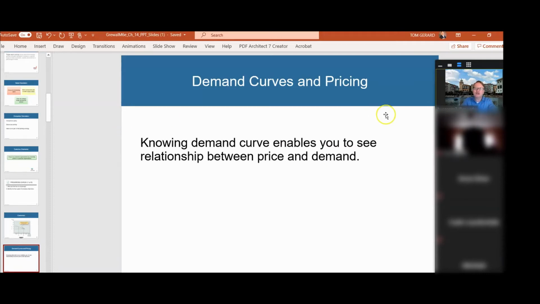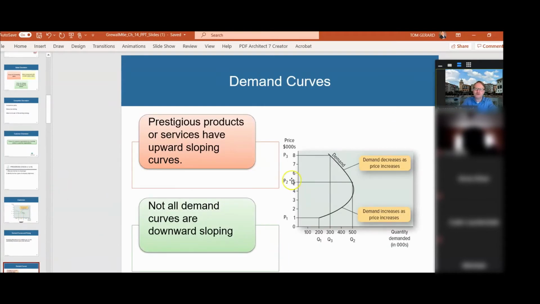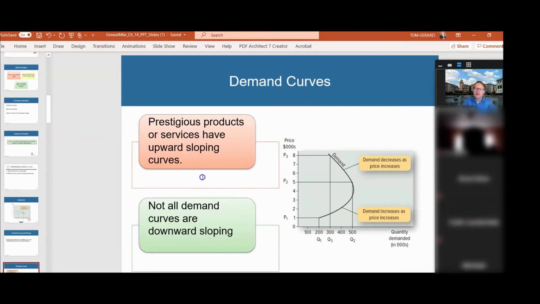Okay, demand curves and pricing that we just talked about. Now, this is one interesting one here. This is the standard curve that we typically always follow. One thing to keep in mind is when we were talking about the Ferraris and the Rolexes and the Louis Vuittons and those kinds of things, we notice that this is a different kind of curve, and this is talking about prestigious products.